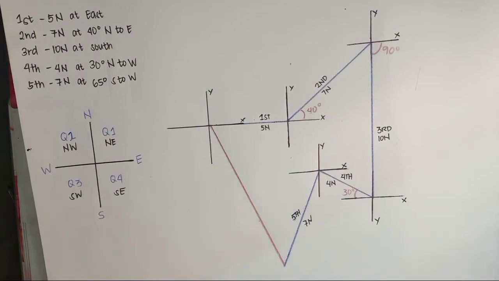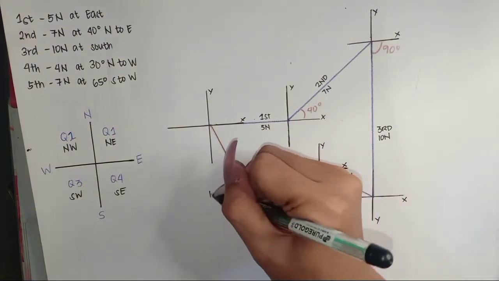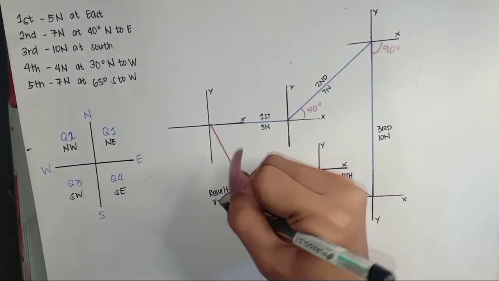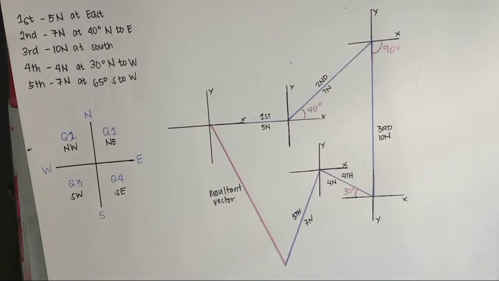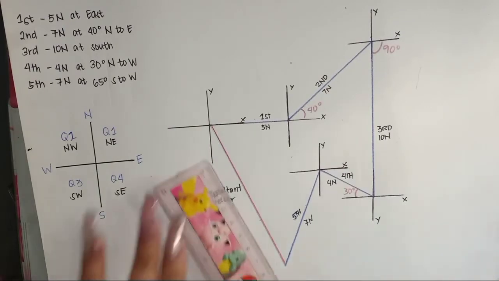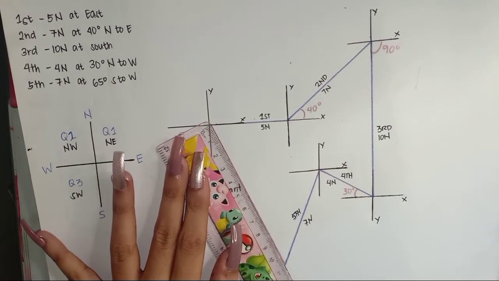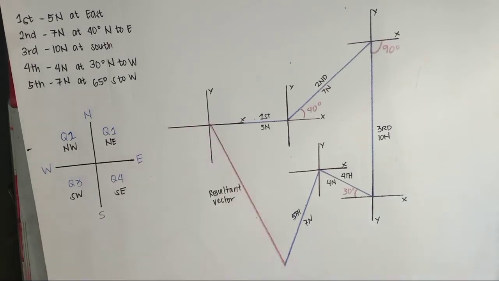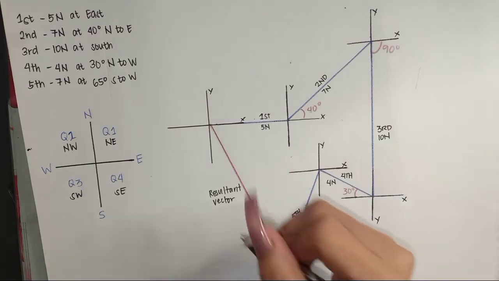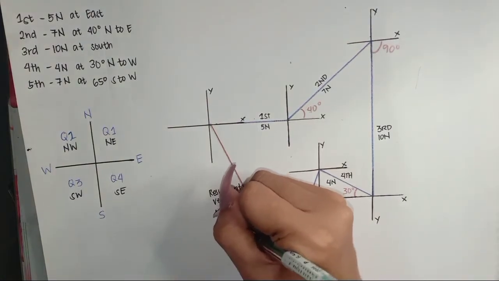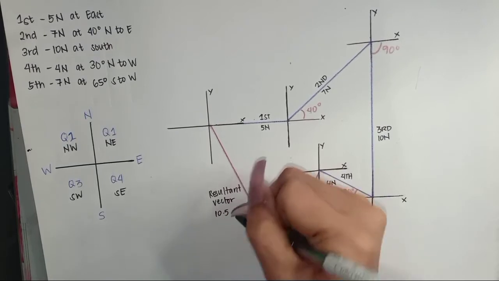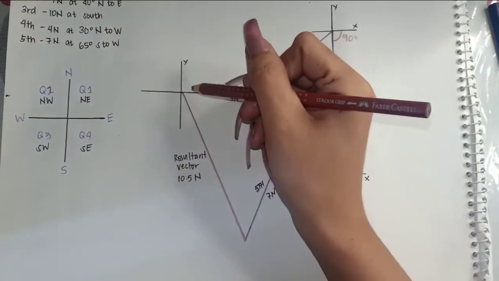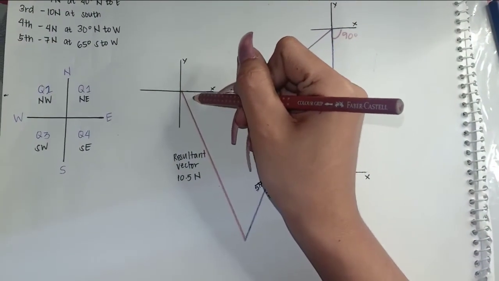And this is what we called the resultant vector, which has 10.5 Newton. So, for the reference, ito siya.